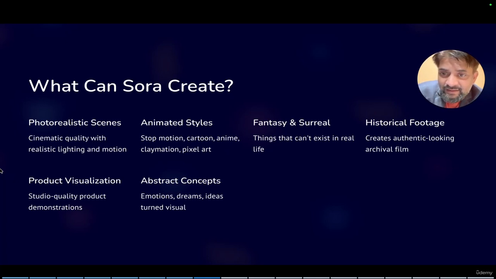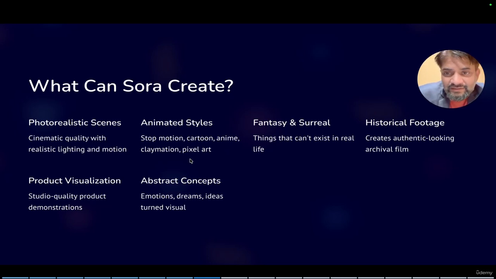Animated styles, stop motion, cartoons, anime, claymation, pixel art, any visual style you can describe. Fantasy and surreal, a glass sphere containing a miniature Zen garden with a tiny person raking sand, things that can't exist in real life.